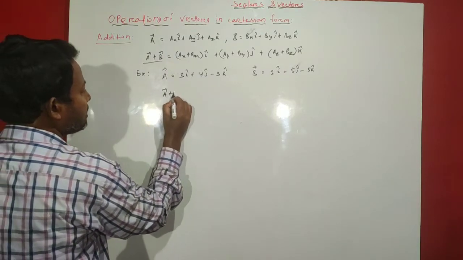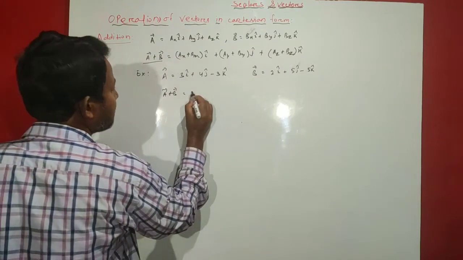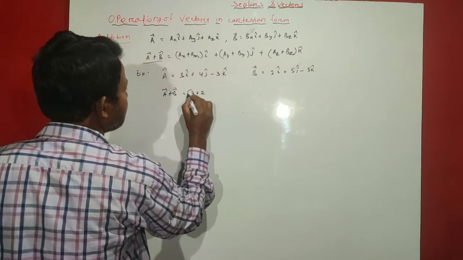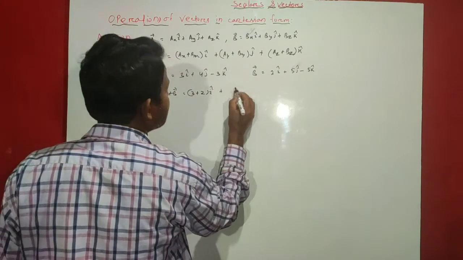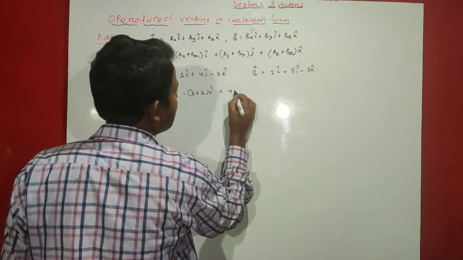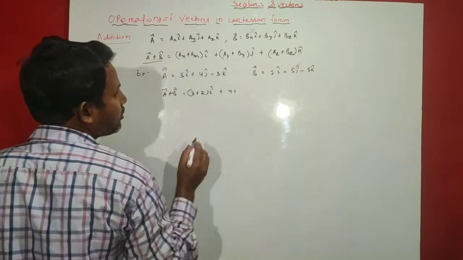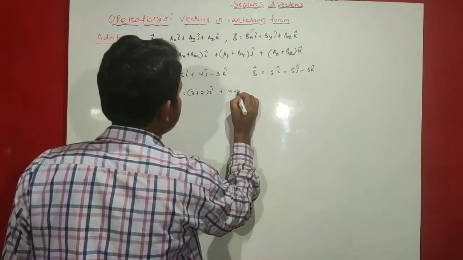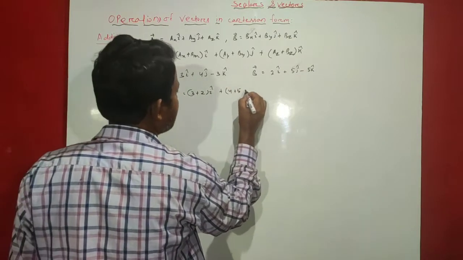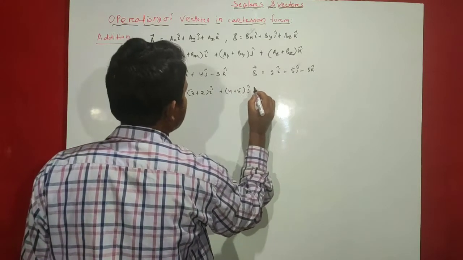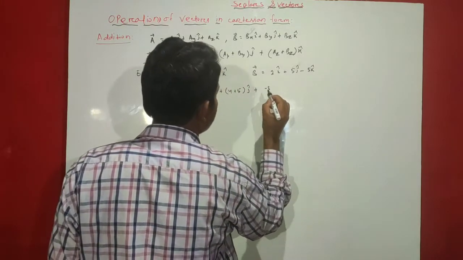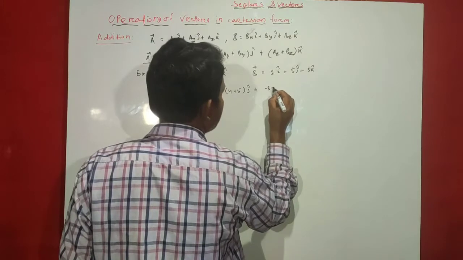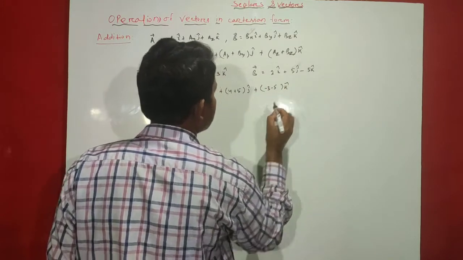So a plus b should be 3 plus 2 i cap plus 4 plus 5 j cap plus minus 3 minus 5 k cap.